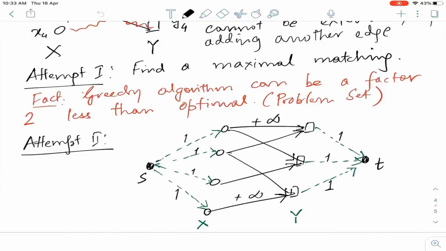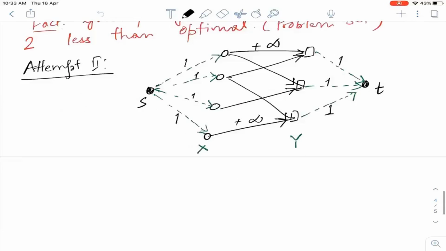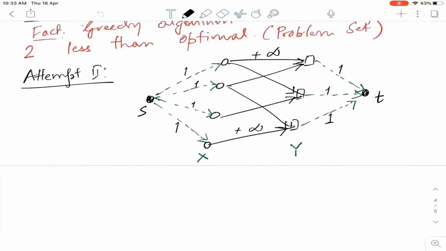And what we'll do is simply reduce this problem to a max flow setting. The reduction here is pretty straightforward. Again, remember this was our bipartite graph. Now I give some directions to the edges, arbitrarily.